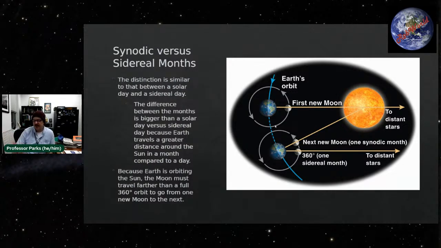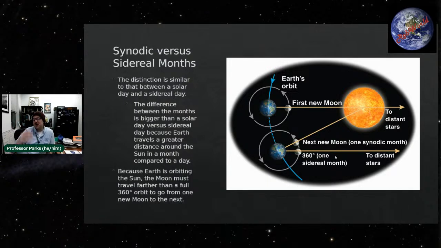Then we have the synodic period, or the period with relation to the sun, and that is 29.5 days. The reason for that is because, as I said, as the moon is orbiting around the Earth, that takes a little bit of time, and during that time, the Earth is moving itself around the sun, and so the geometry changes, and the moon has to move a little bit further along in order to get back to a true new phase.